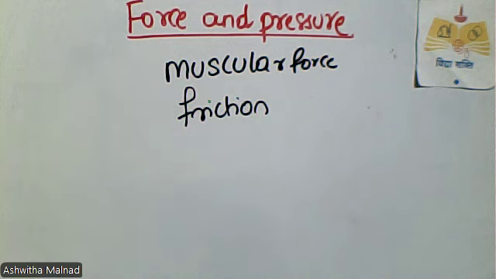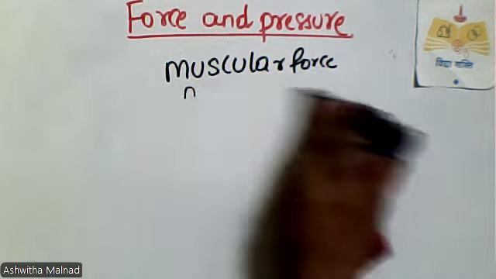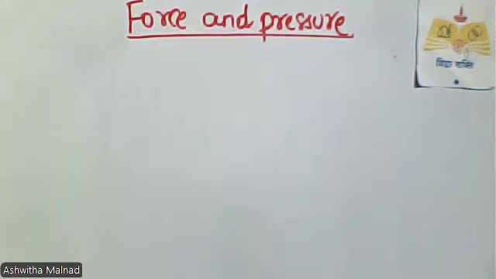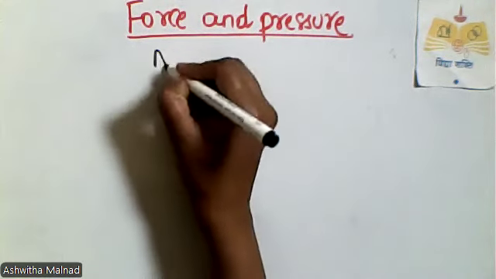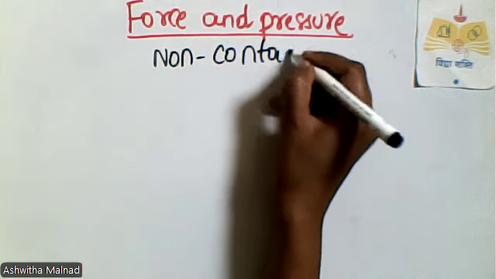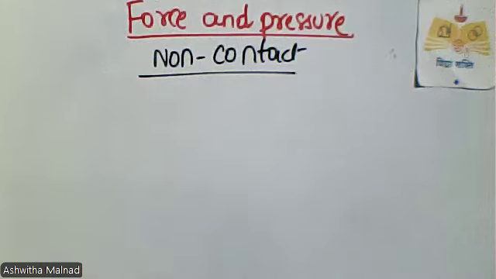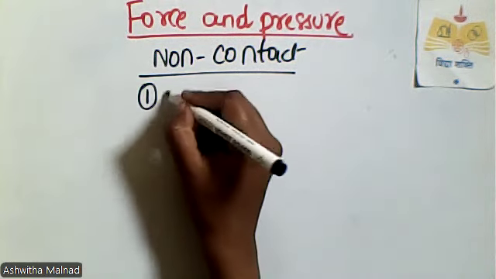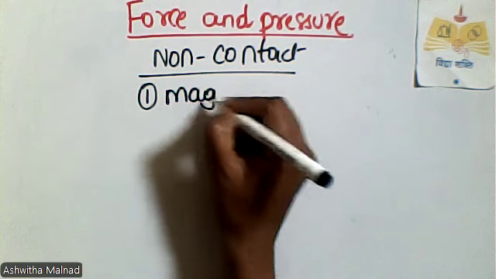Now, going forward, let us understand non-contact forces. When you were in sixth class, you had a chapter on magnets, right? So, one such non-contact force is the magnetic force.